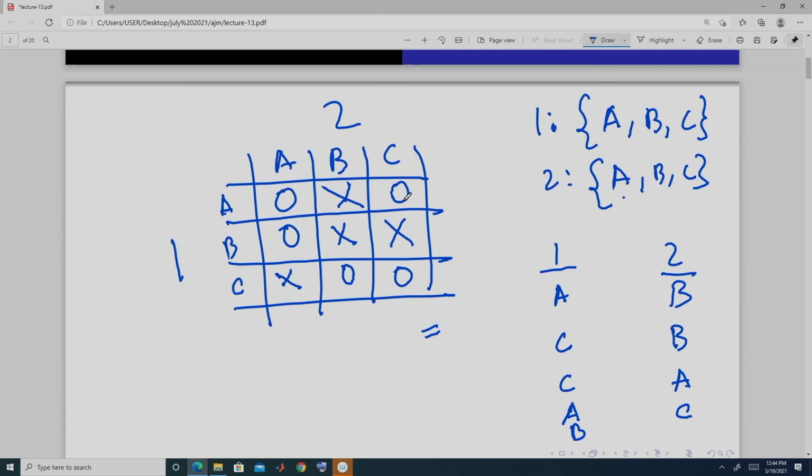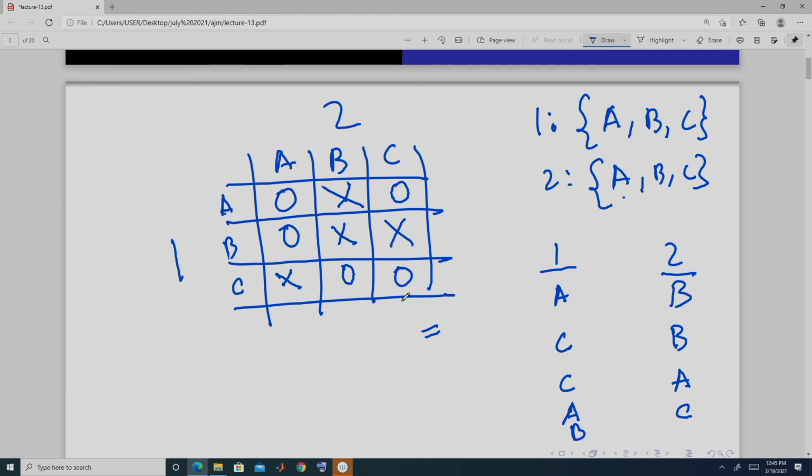Outcome means this: suppose player 1 has moved here, player 2 has then moved here, then player 1 has moved to this position. If player 2 then places somewhere else, not here, player 1 will win by placing it here.